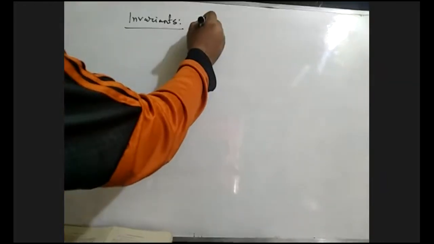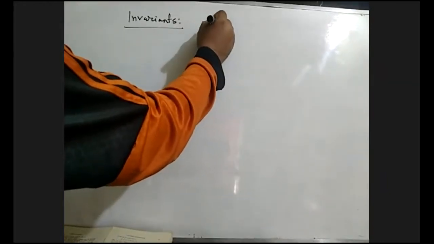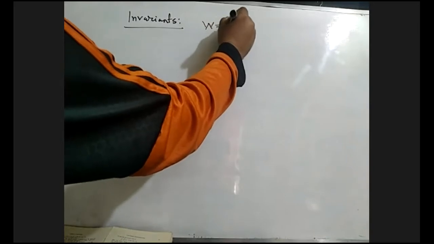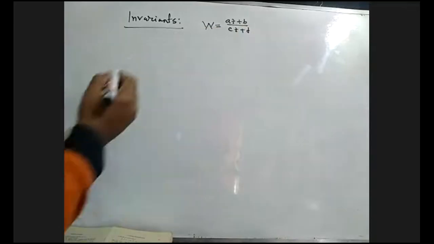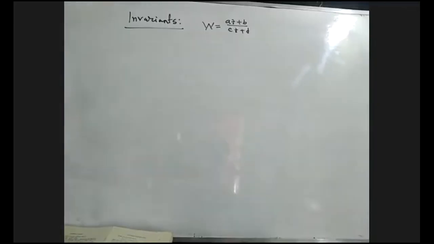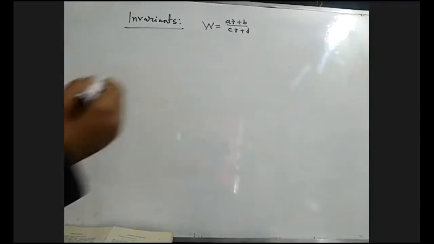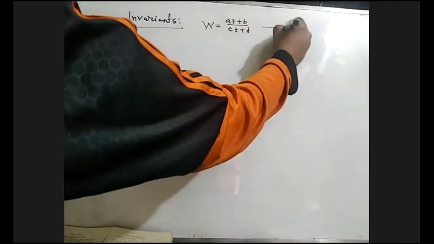According to the definition of Mobius or bilinear transformation, w equals az plus b divided by cz plus d, where a, b, c, d are complex constants. This is equation number 1.